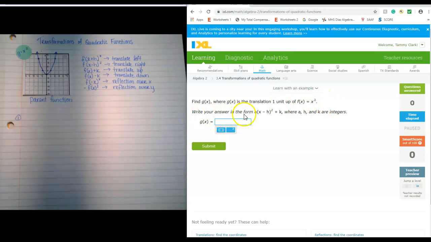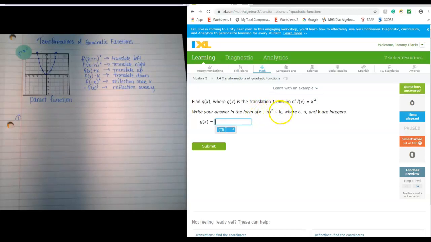It says write your answer in the form of A, which is how skinny or how fat it is. We're not going to do much with that right now. It's coming though. And then inside the parentheses is how the function moves left or right.